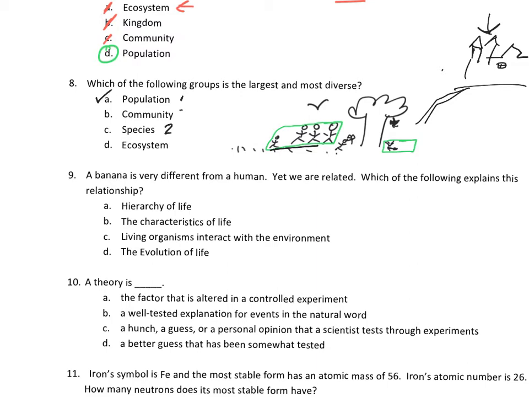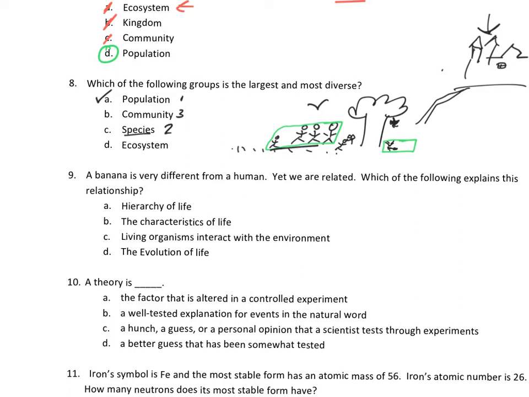Community is even bigger. Species might actually, the more I think about it, the more I question that. But okay, so we'll go with that. A community includes all the grasses, all the birds, right? Do you see that? So the community is all these different species working together.